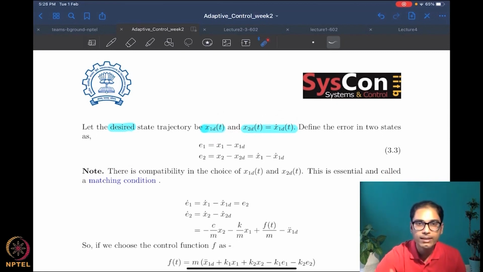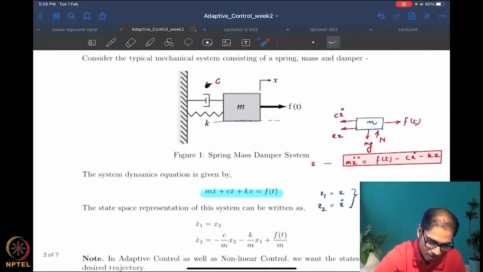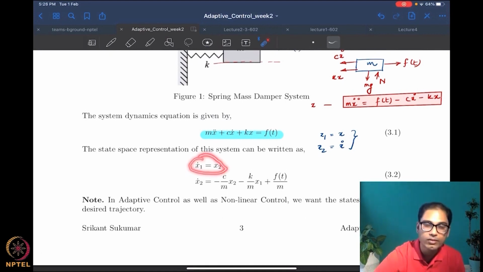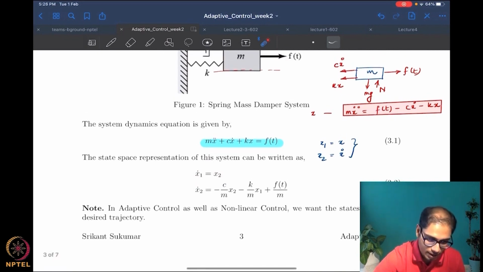Why is this a matching condition? This is because for this dynamical system itself, x1 derivative is actually equal to x2. In this particular case, x1 is the position and x2 is the velocity. So the position derivative is the velocity.